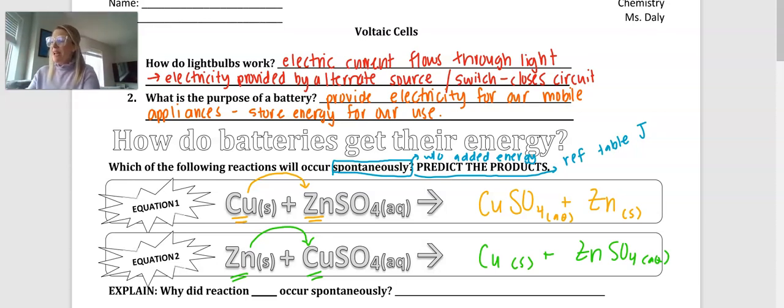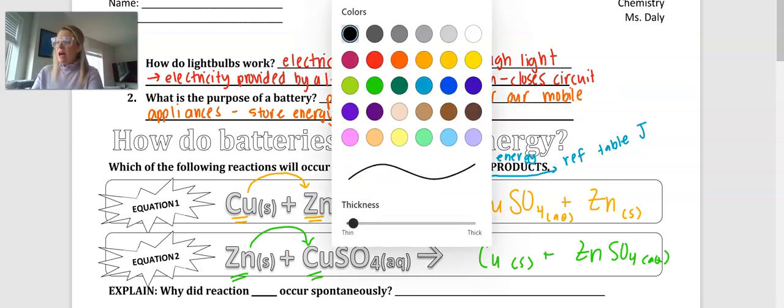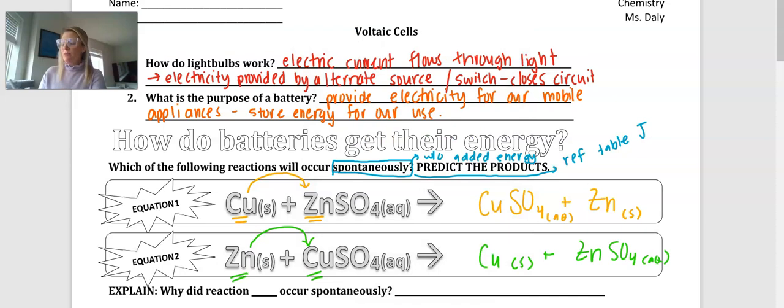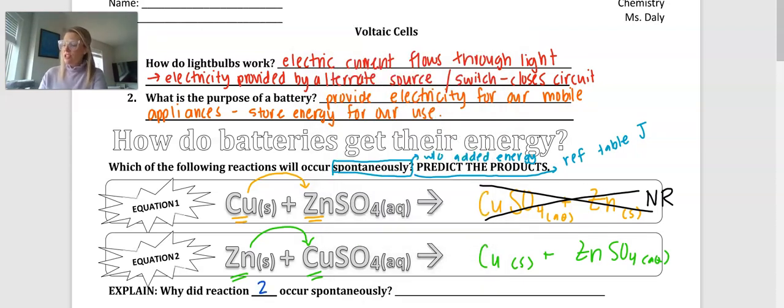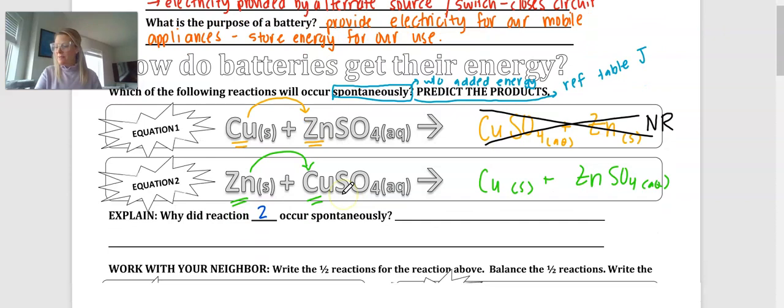But for the purpose of going over things quickly, I'll just tell you the answer: reaction 1 would have no reaction. Reaction number 2 is our reaction that occurs spontaneously. And why does reaction 2 occur spontaneously?